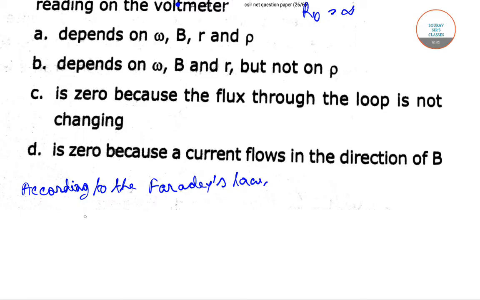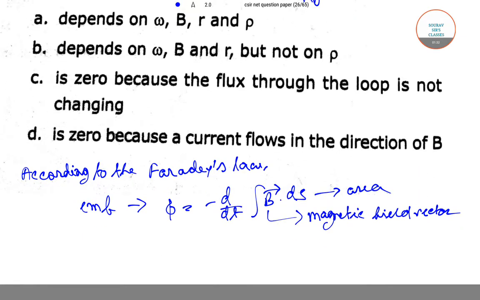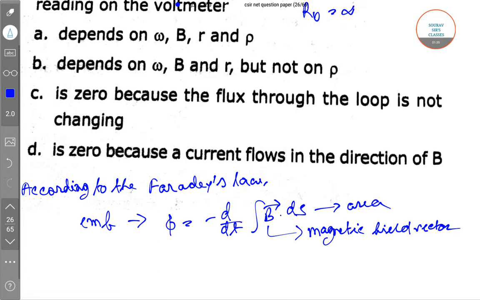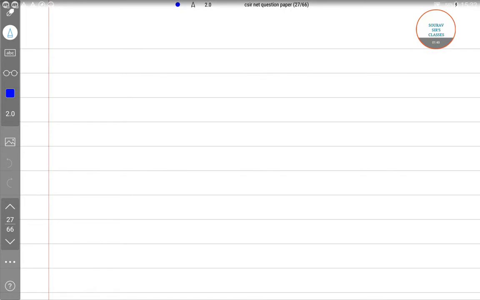the electromotive force EMF can be written as phi equals minus d/dt of B dot ds. Here B is the magnetic field vector and ds is the area element. So phi equals minus d/dt of the integration of B dot ds.